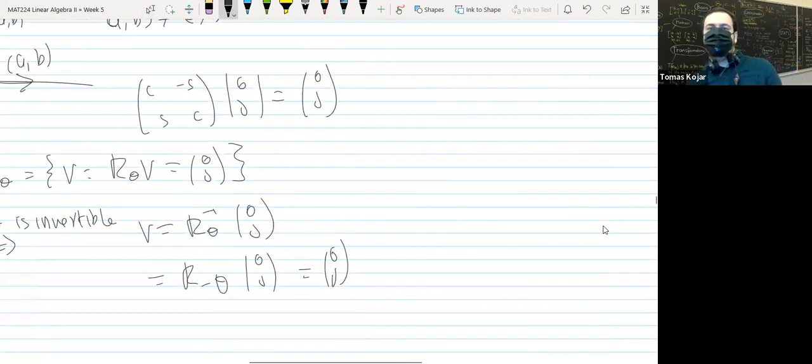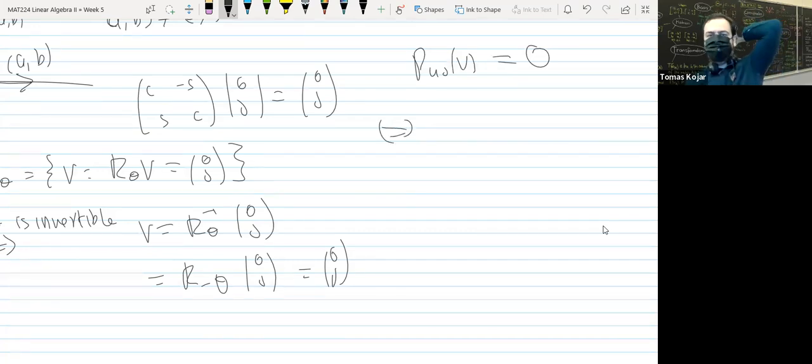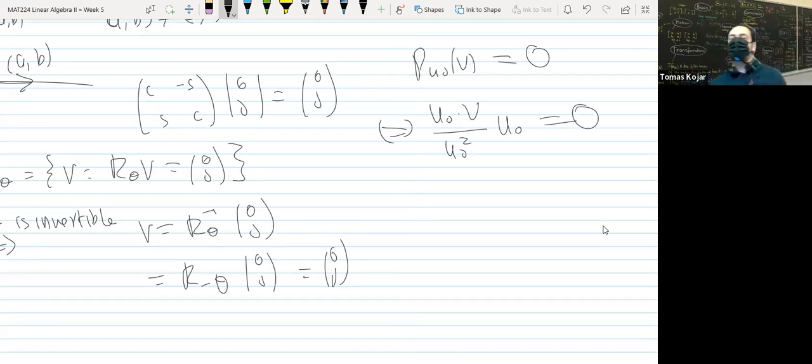So let's see it again. P_U0 of V equal to 0. That's the kernel space. Okay. But we define this as the U0 dot product with V, normalized by U squared, times U0. You kill off this guy over here.